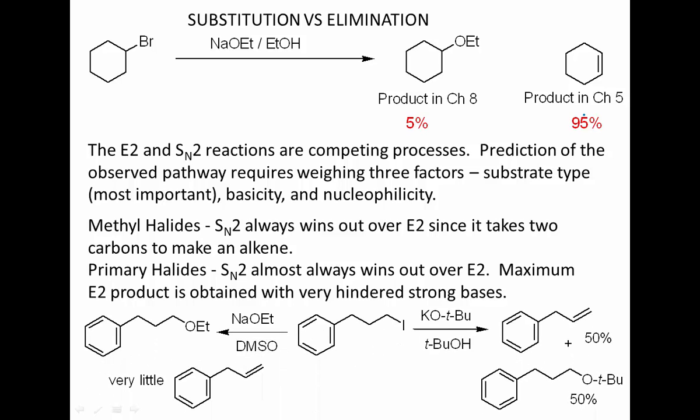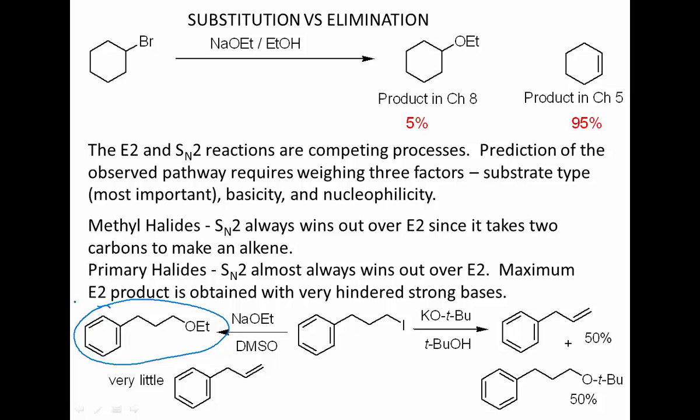Okay, so here are a couple of examples. This iodide here would react with sodium ethoxide. We'll use DMSO since it's a good SN2 solvent. And we find that we get almost exclusively the ether and very little of the alkene. So our product is this.